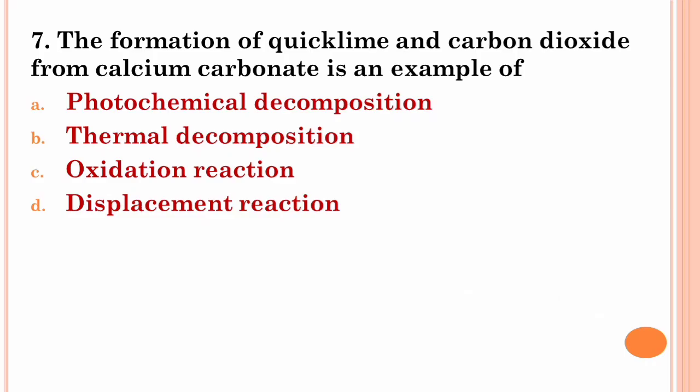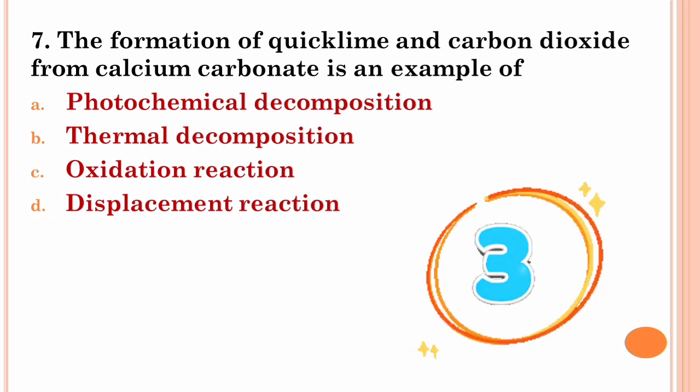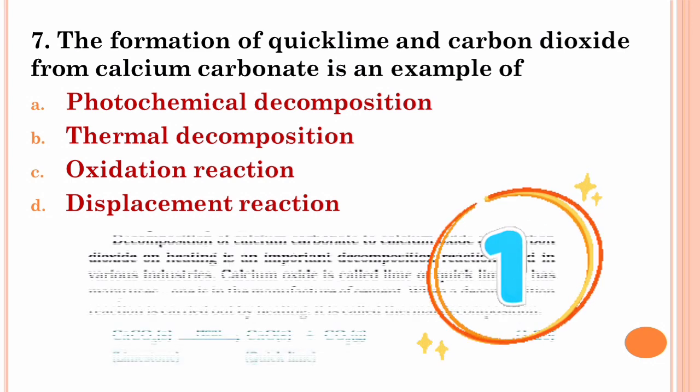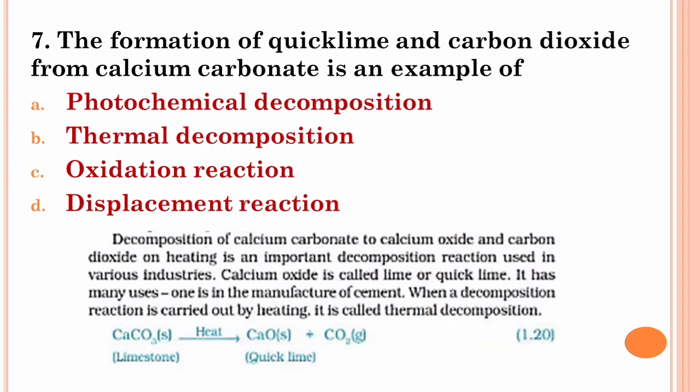Question number 7. The formation of quicklime and carbon dioxide from calcium carbonate is an example of: photochemical decomposition, thermal decomposition, oxidation, or displacement reaction? If you recall, in question number 3, we had discussed the decomposition of calcium carbonate, giving quicklime, that is calcium oxide, and carbon dioxide.